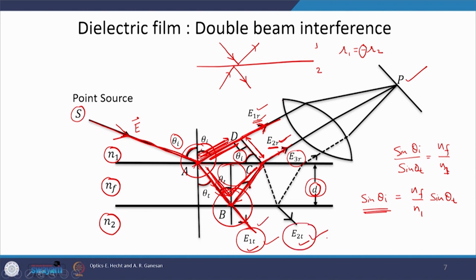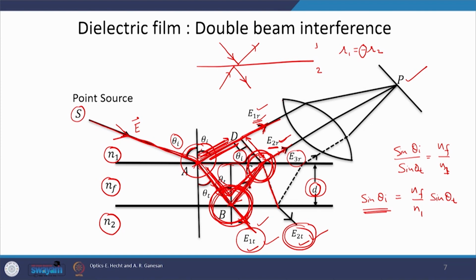In transmission, the first ray or first beam is not suffering any reflection, while in second transmission the first reflection is here and the second reflection is here. These reflections are internal, these are happening within the same film.